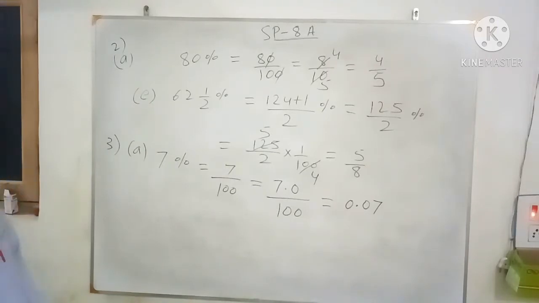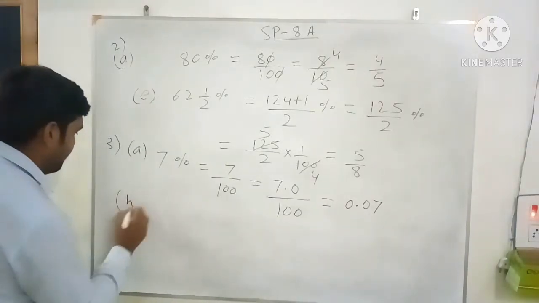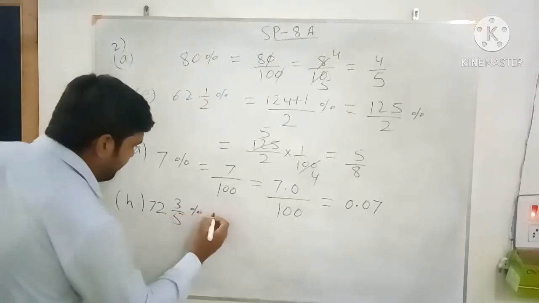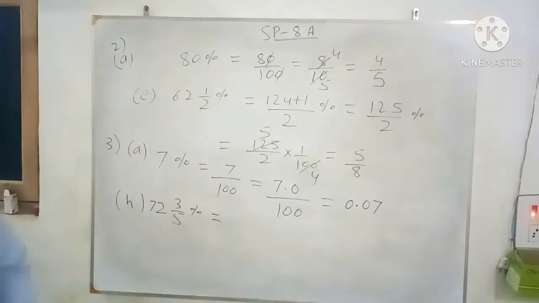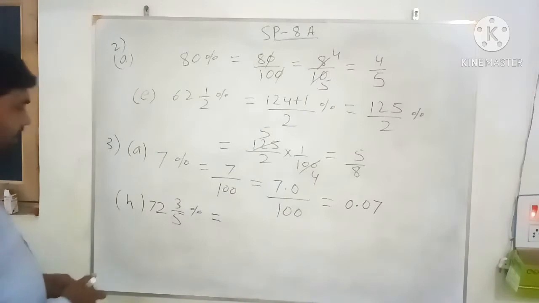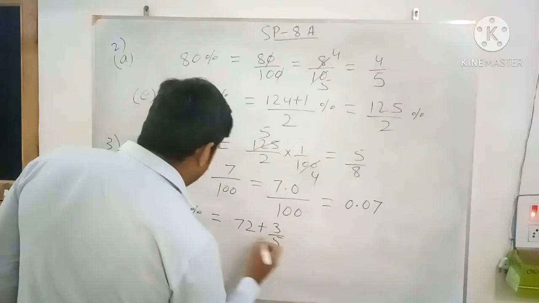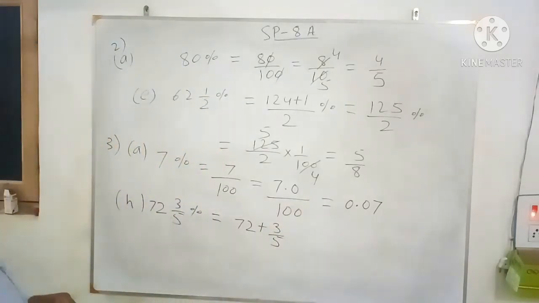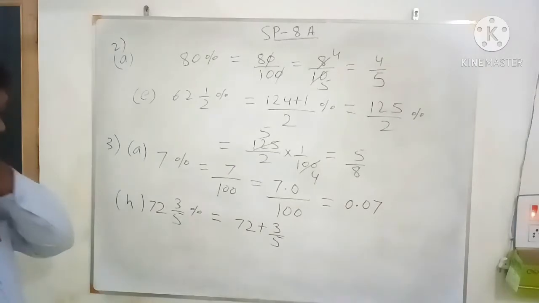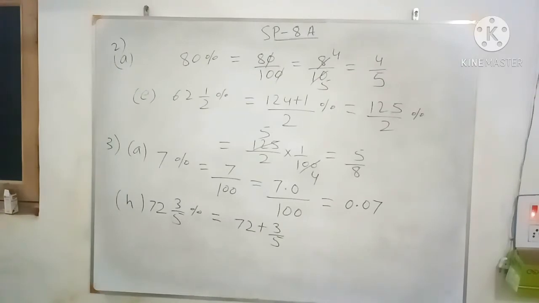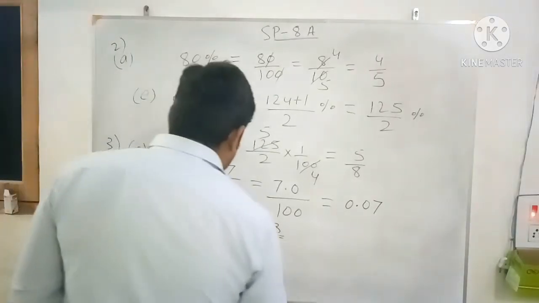72 3 by 5%. Now see how we express this as a decimal. So this we can write as 72 plus 3 by 5 percentage, and percentage means 1 by 100.